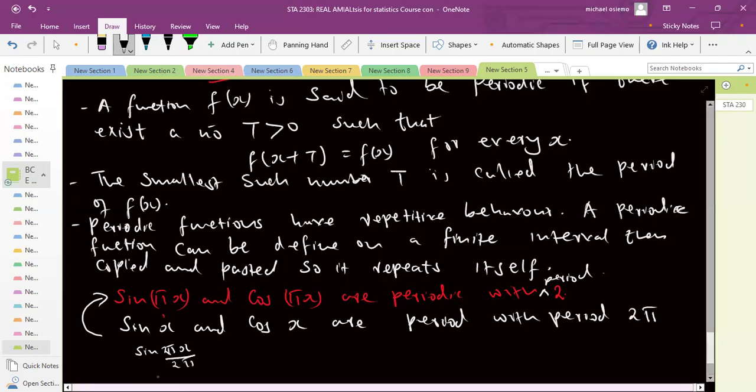So you will realize that what we have in the denominator gives us the period. So it's going to repeat itself after 360 degrees. I've just given an example: sine 30 is equal to 0.5. If you go a whole cycle, 360, we're going to have sine 390, which will still be equal to 0.5.